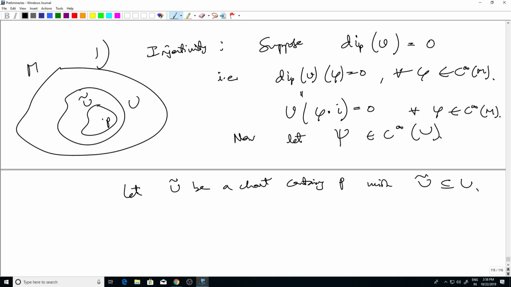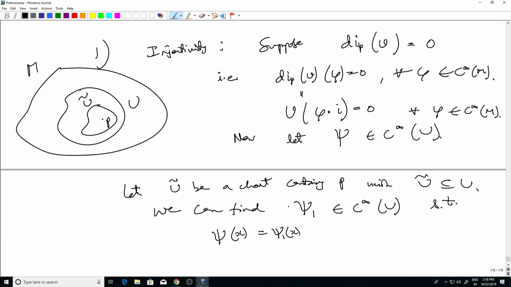So what I'll do now is, we can find C1 in C infinity U such that C of x equals C1 of x for all x in U tilde.